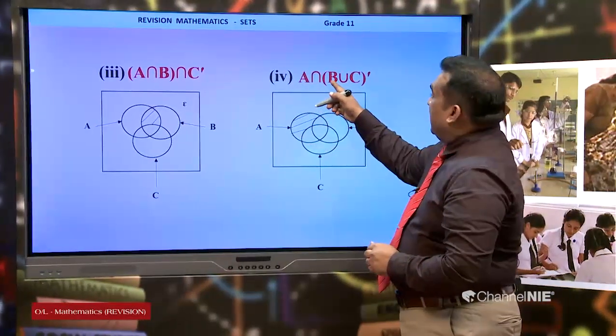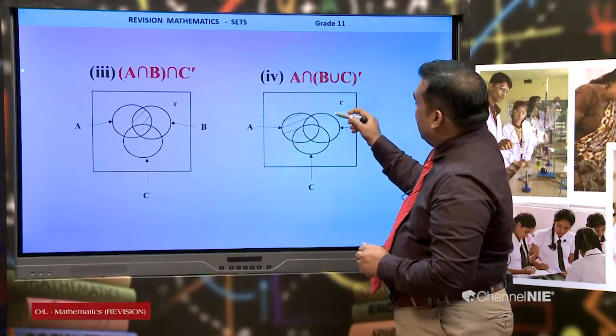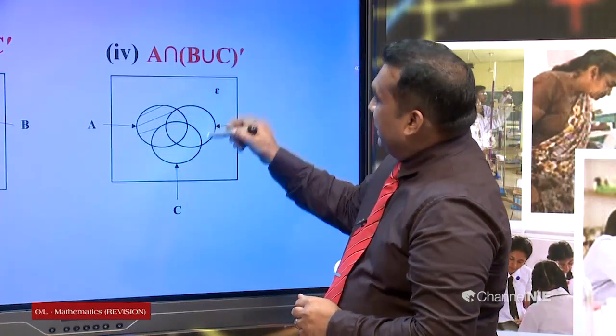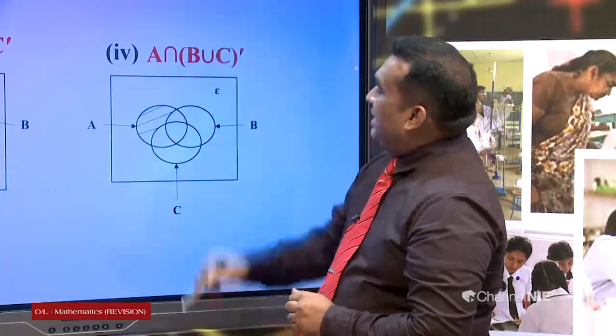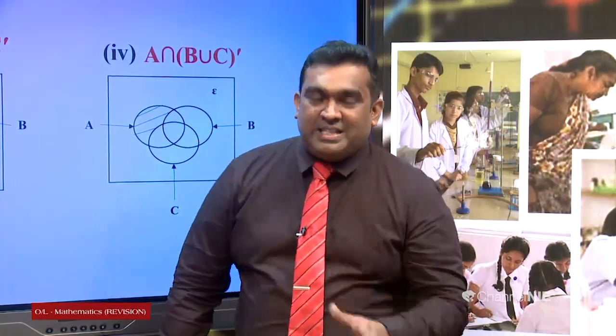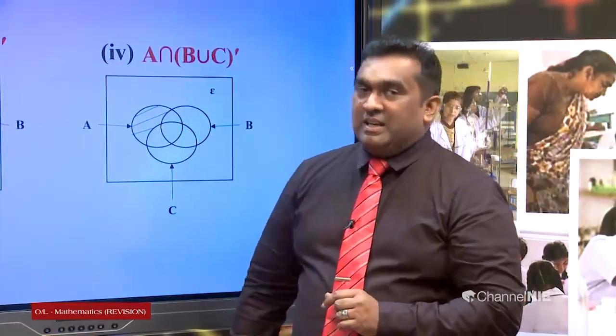Here B union C, all the elements in B and all the elements in C. The complement you have to remove. It means only A, except B or C. This is called only A. Remember that.